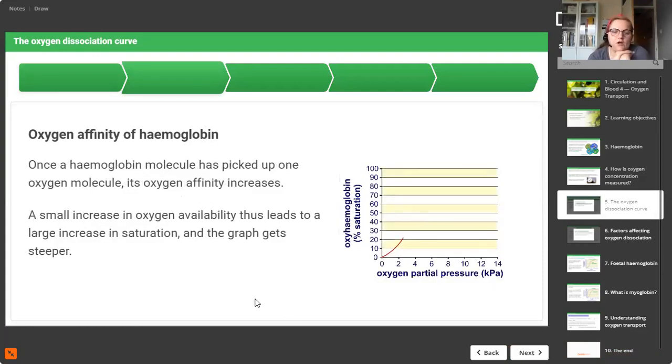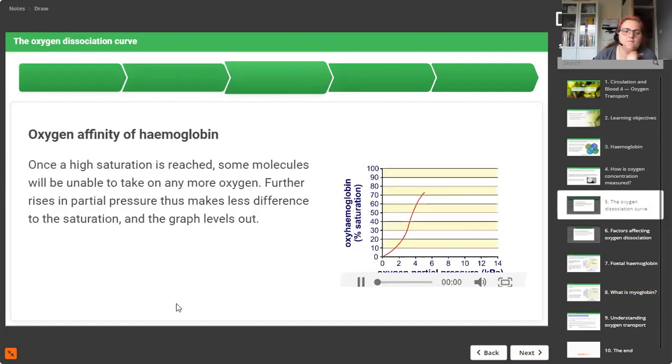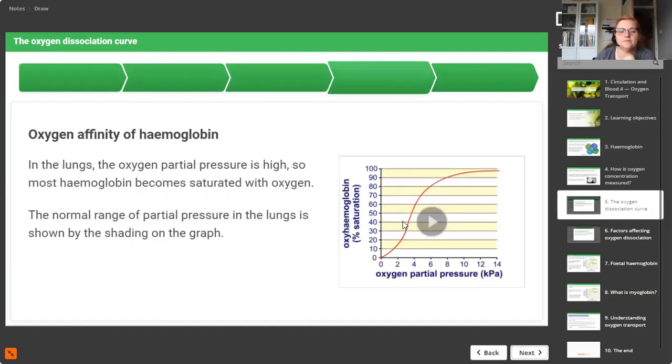So once a hemoglobin molecule has picked up one oxygen molecule, its oxygen affinity increases. Therefore, a small increase in oxygen availability leads to a large increase in saturation and the graph gets steeper. Once a high saturation is reached, some molecules will be unable to take on any more oxygen. So further rises in partial pressure make less difference to the saturation and the graph begins to level out.